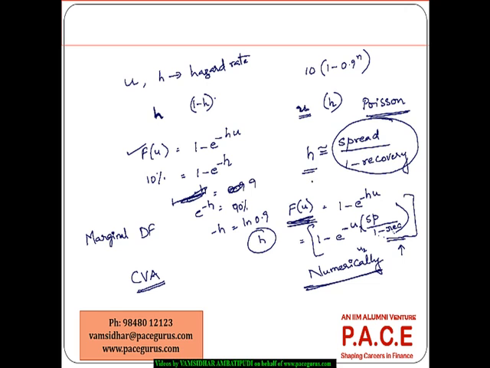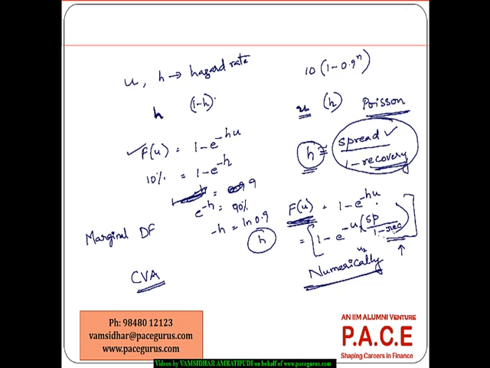You find out H first of all based on the credit spread that is available in the market. You define the spread in whatever dimension you want. You use the CDS spread or bond spread or whatever, and you find out the recovery rate for different kinds of instruments.